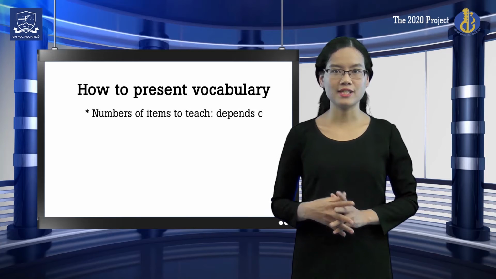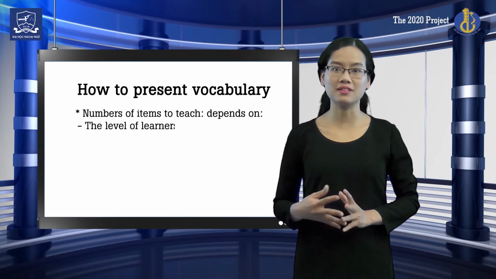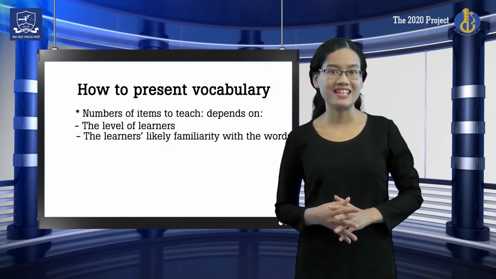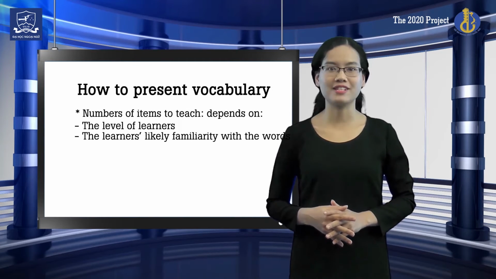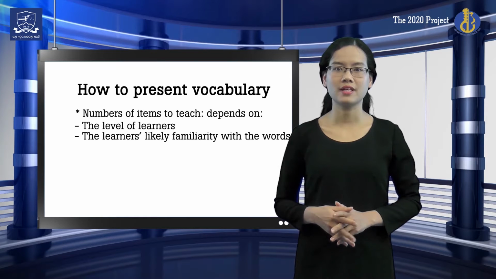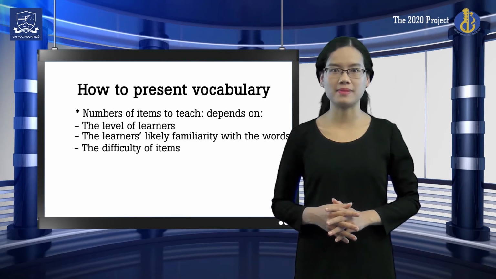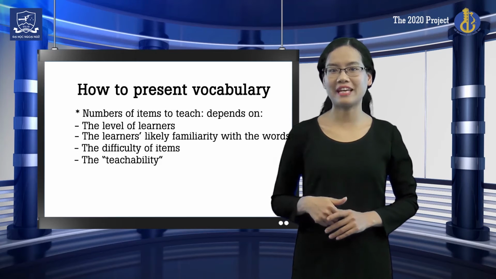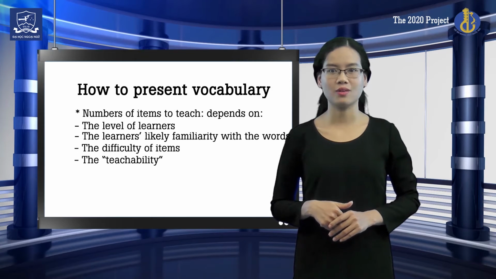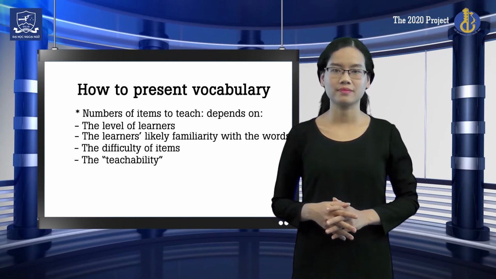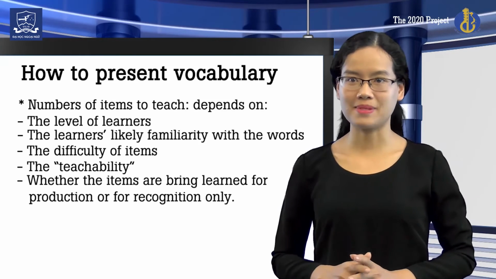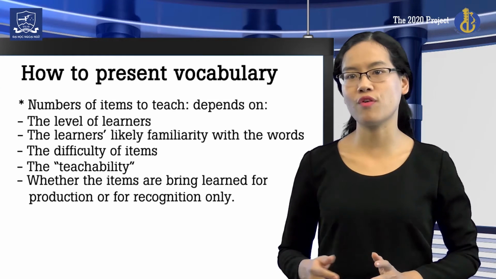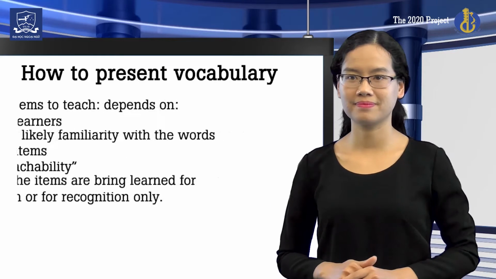Well, this quite depends on the level of learners, the learners' likely familiarity with the words, the diversity of items, and the teachability, that is, whether they can be easily explained or demonstrated, or whether the items are for production or for recognition only.